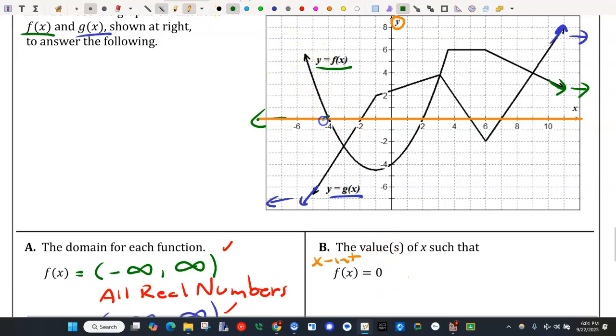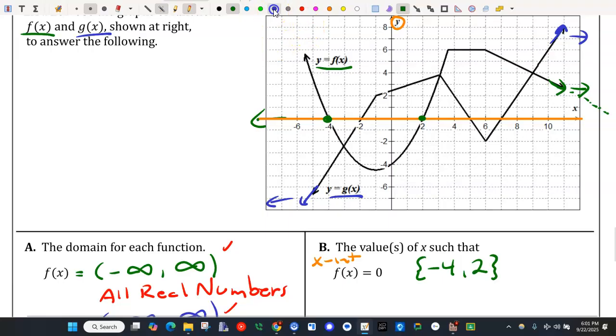F of x is going to intersect at negative 4, positive 2. Following it carefully, that looks like it. Yeah, so I'm going to say negative 4, positive 2. And this might actually intersect down the road, but I'm not going to worry about that one. I'm going to go off what's just on the graph we're given.